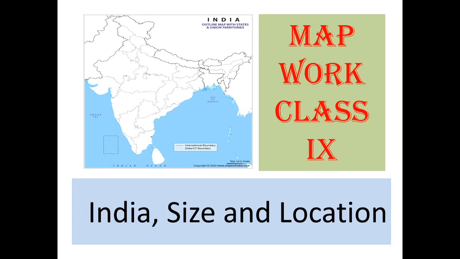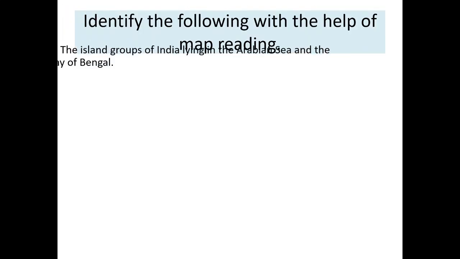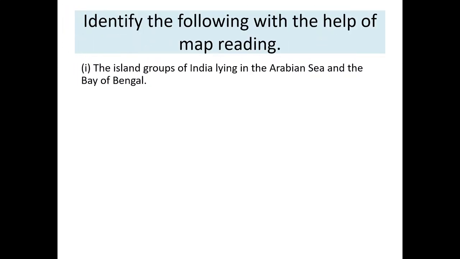So in this we will look at the following. First, we have the island group of India lying in the Arabian Sea and the Bay of Bengal. You all know that we have discussed this and you also have read in the book. Second, we will look at the countries constituting Indian subcontinent.